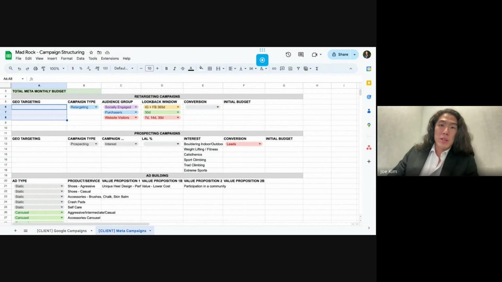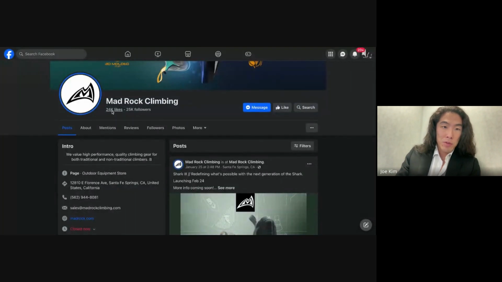You could even go up the funnel and use some of their more aspirational content that's not super product focused, or more community focused, to grow their social follower count. If we drove traffic to page likes to get them up from 25K to, I don't know, 50, 100K, that would probably be beneficial.